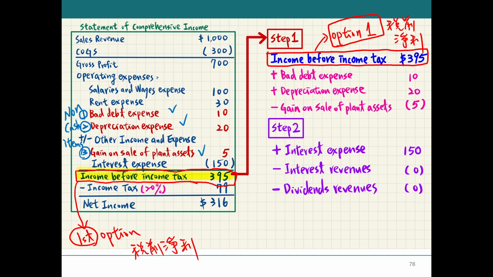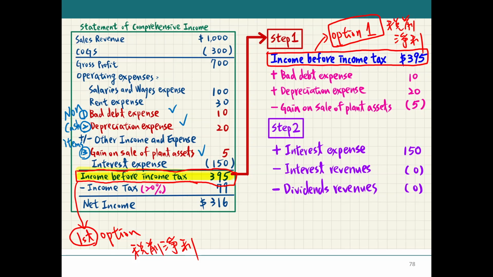Okay, so we have three items, non-cash items. Could you tell me how to exclude their effects? The right method, you just skip it, right? But right now, could you tell me this final number, $395, includes these three items, right?